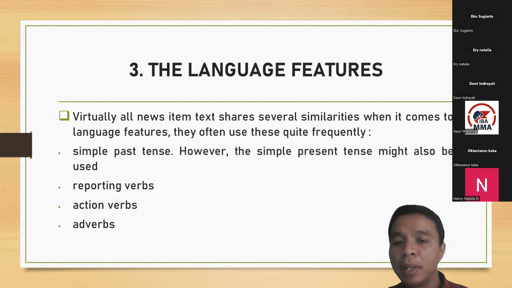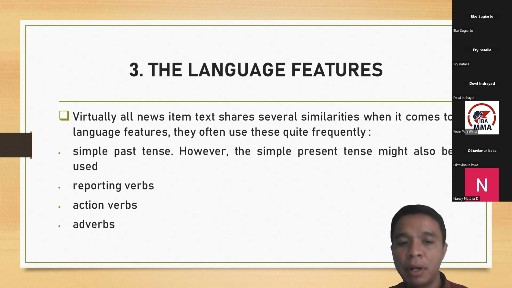However, the simple present tense might also be used. The second one, using reporting verbs. The third one, using action verbs. And the fourth one, using adverbs. All of those features will be explained in detail in the next slide.